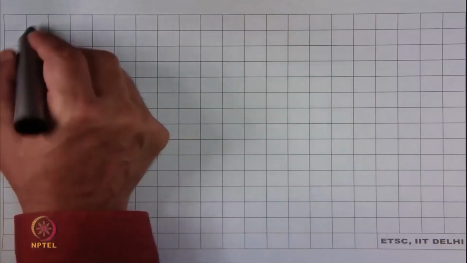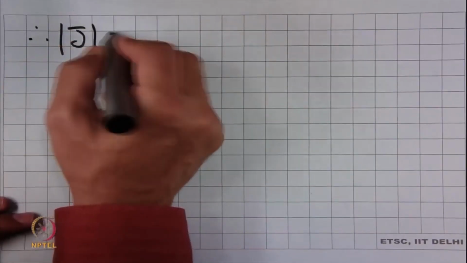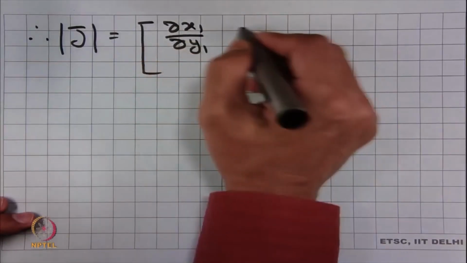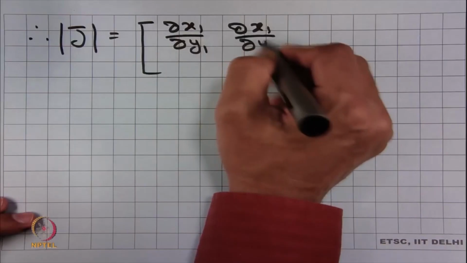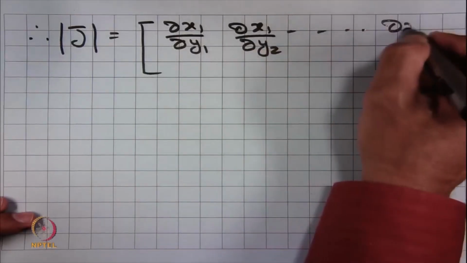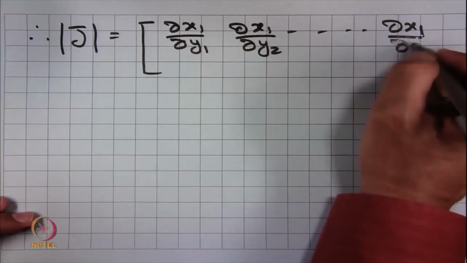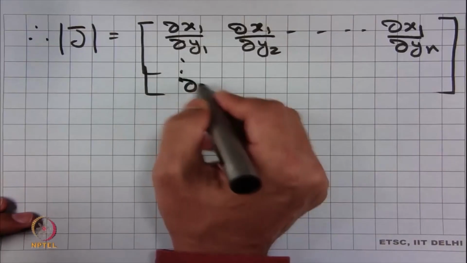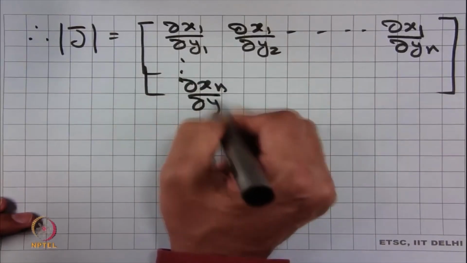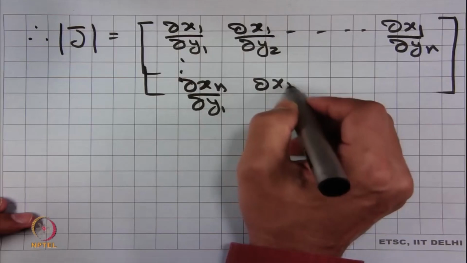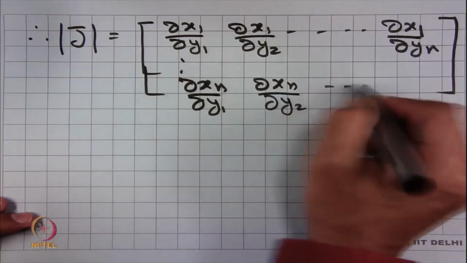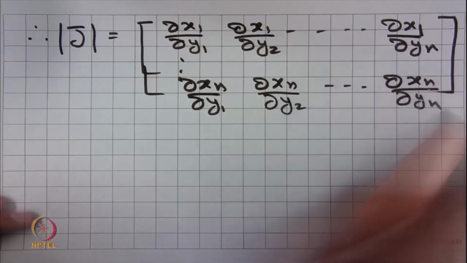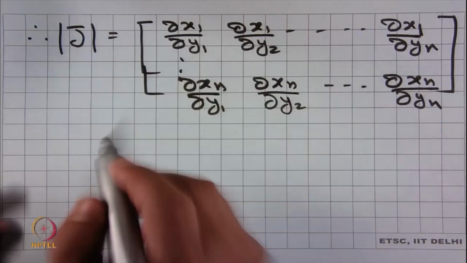Therefore, the Jacobian is equal to the determinant of del x1 del y1, del x1 del y2, del x1 del yn, del xn del y1, del xn del y2, del xn del yn. Now, let us look at one of them.